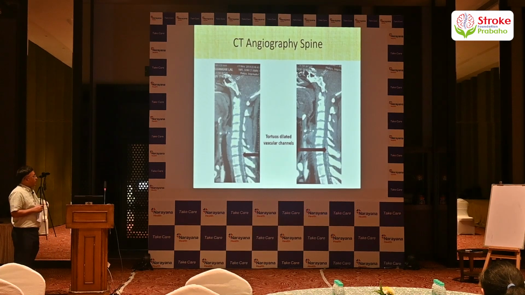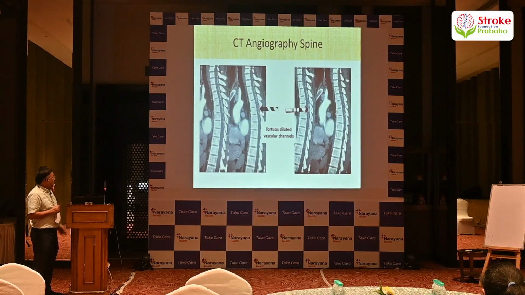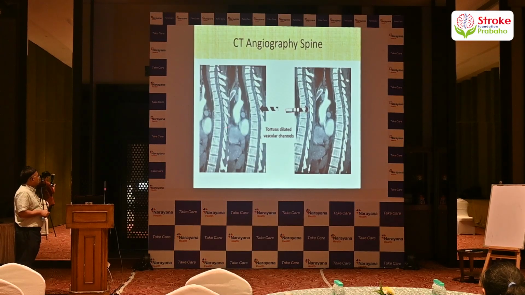So we advised CT angiography. We tried to find out the level of feeders from the CT angiography. MR angiography is one of the very good tools, but we are comfortable with CT angiography. So we did CT angiography, and we can find there is a tortuous dilated vascular network here. This is the dorsal spine, and the upper dorsal and mid dorsal also have prominent tortuous vessels.